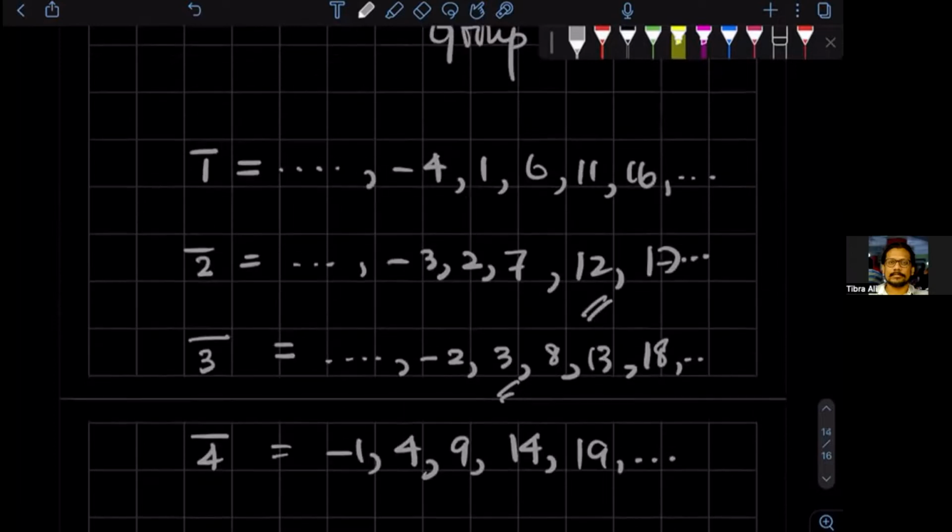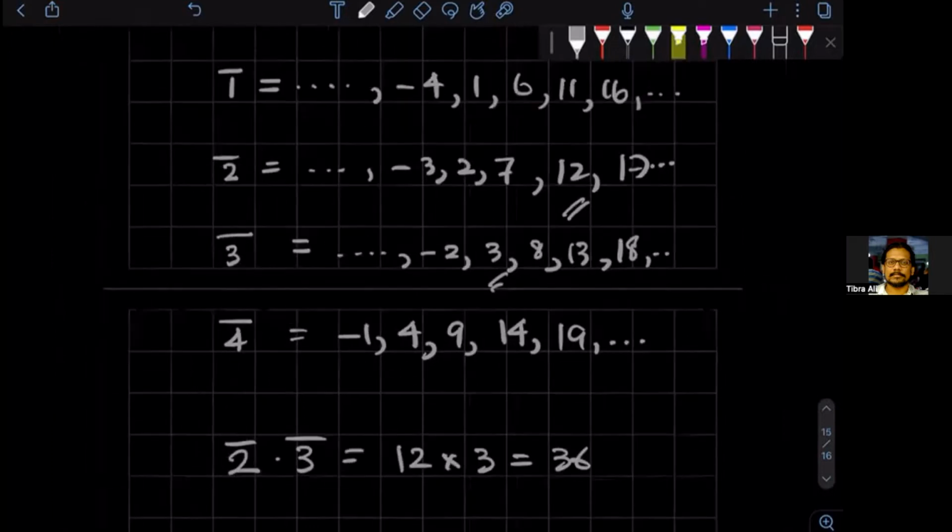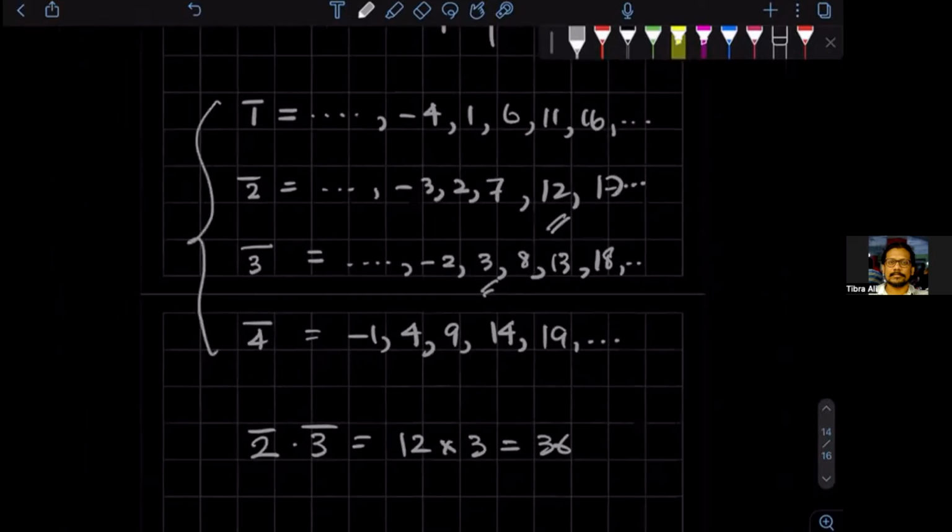So this group doesn't have 0. Okay. So we have 1 because you can't really get 0. These are the equivalence classes that we are defining. So you see that 0 is not going to be an element here.